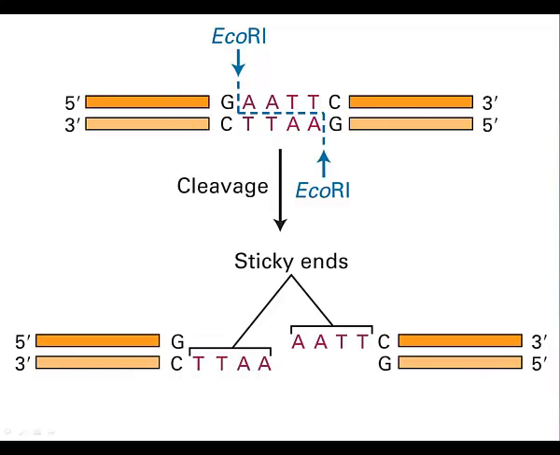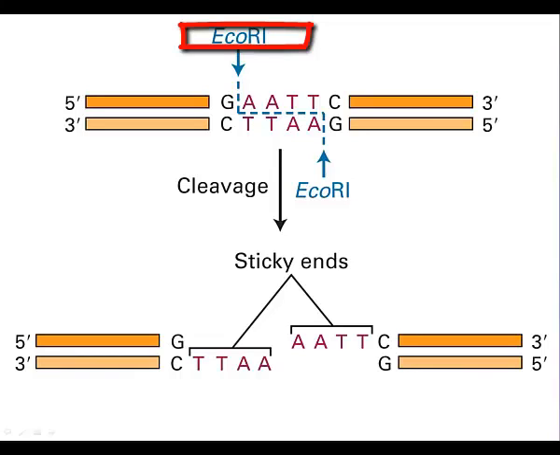But restriction enzymes are specific. They don't just cut DNA into however many pieces and however many places. Each restriction enzyme recognizes a very specific sequence of DNA. And the example that you're looking at on this slide is of a restriction enzyme that's called EcoR1. The Eco part comes from Escherichia coli, or E. coli.